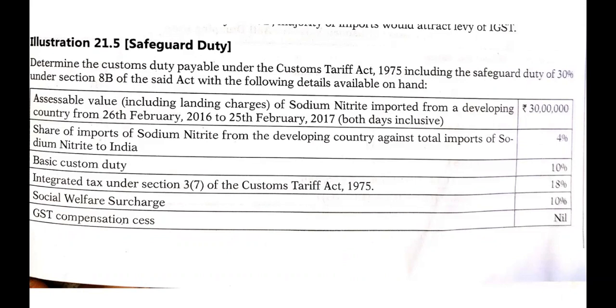The share of imports of sodium nitrate from the developing country against the total imports of sodium nitrate to India is 4%. Basic custom duty is 10%. Integrated tax under Section 3, subsection 7 of the Custom Tariff Act 1975 is 18%. Social welfare charge is 10%. And GST compensation cess is not there, it is nil.